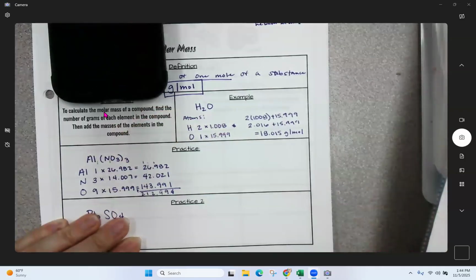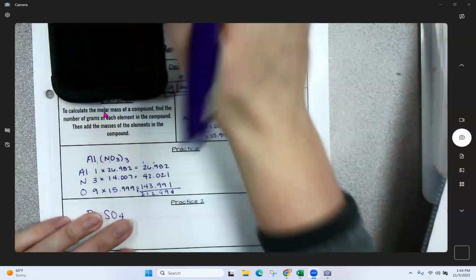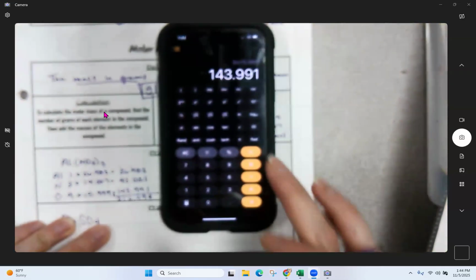So do math the old-fashioned way, 212.994.